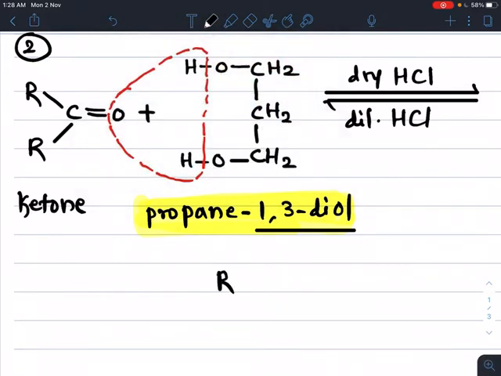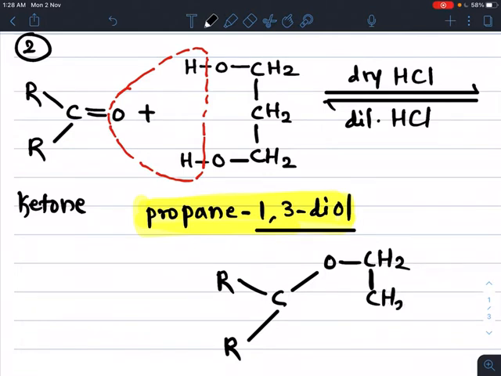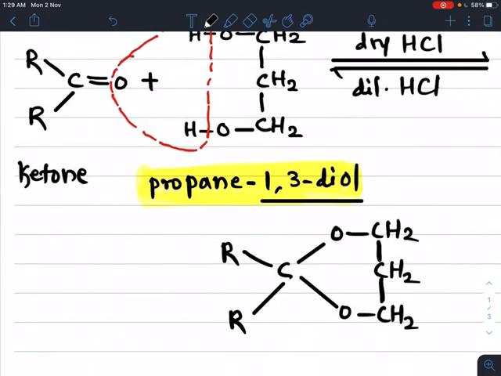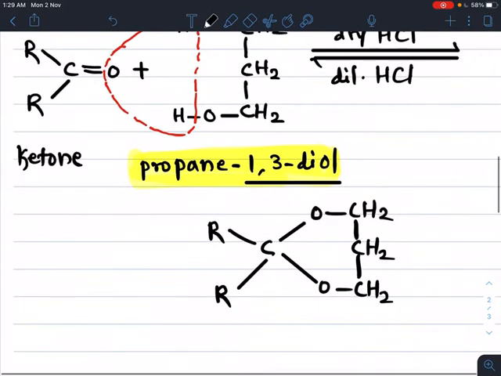Finally we get the product RCR, as it is. Now to this carbon, this oxygen is bonded through CH2 with oxygen, and this is finally bonded with carbon. So this is propane 1,3 diol combined with ketone.